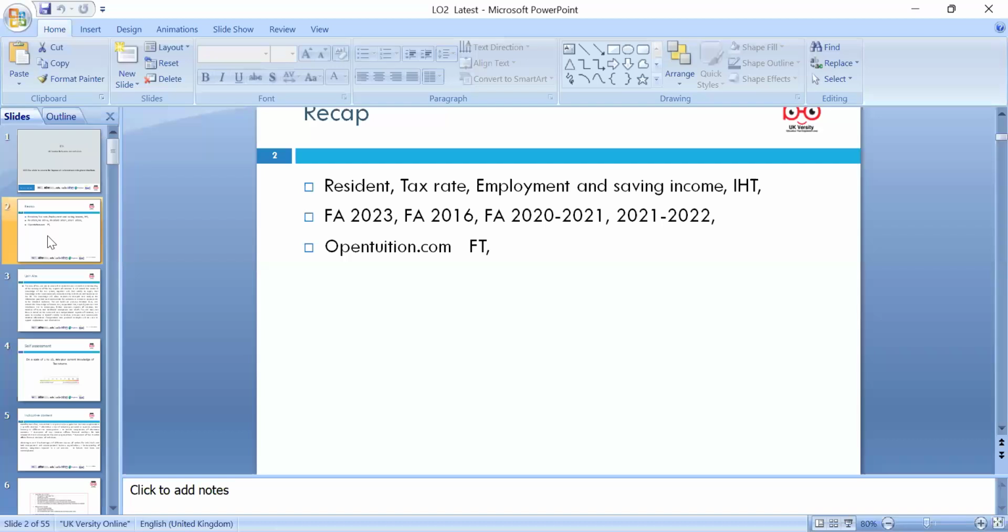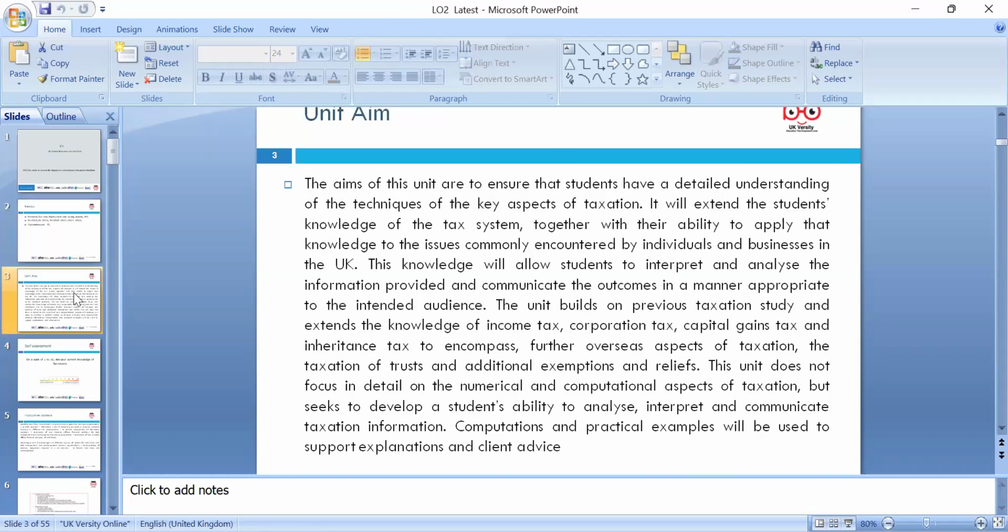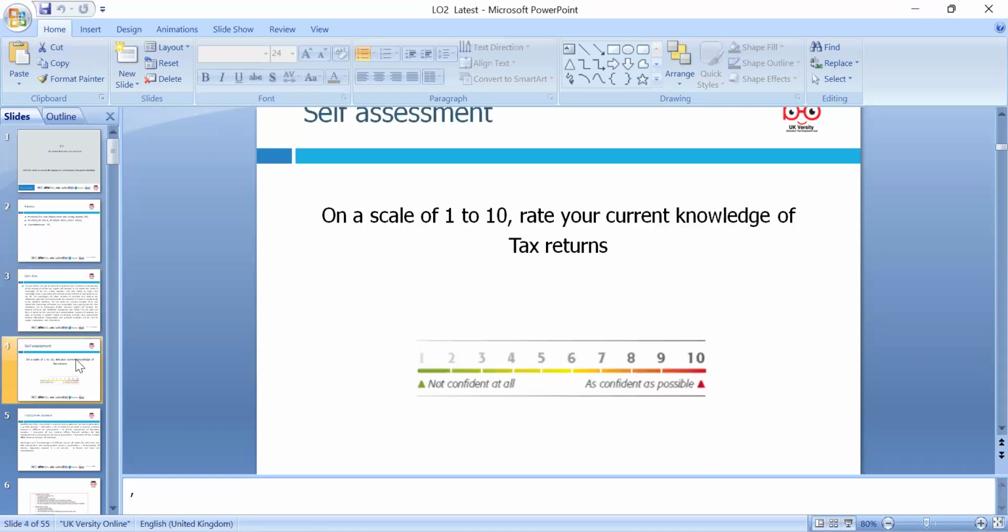If you want to use any other, no harm, but try to apply the rates accordingly. But better to use the latest. You may see examples from Finance Act 2016, 2021, 2022. No harm, but try to use the latest, because in the real world we use the latest. It's a matter of applying the rates.